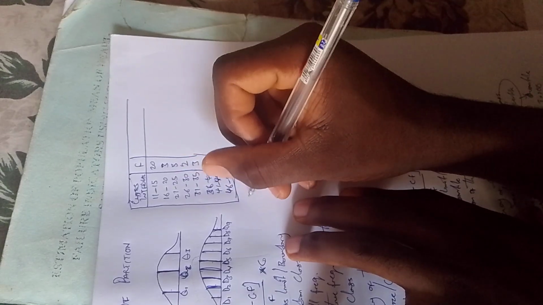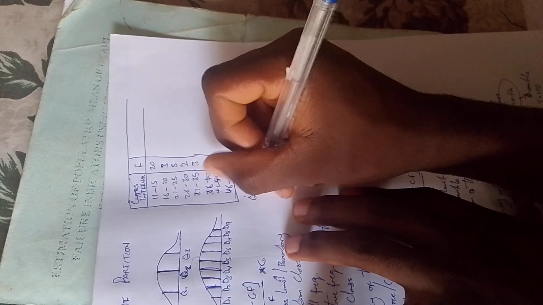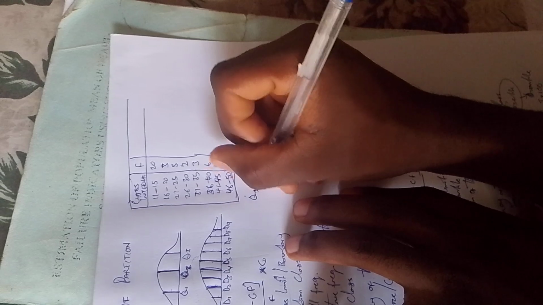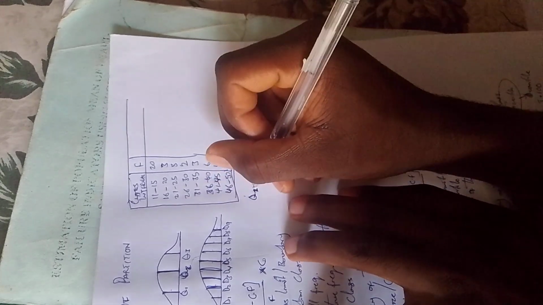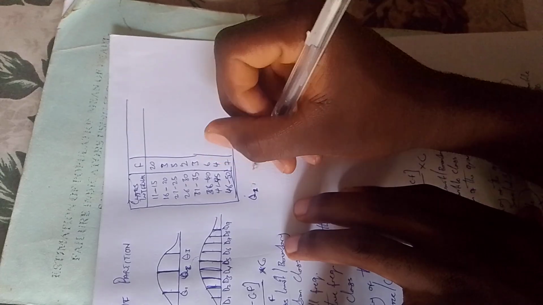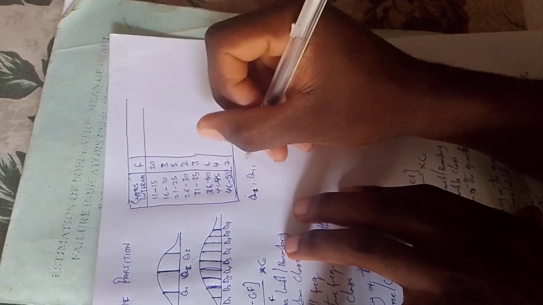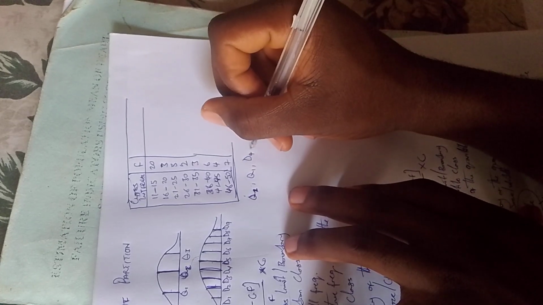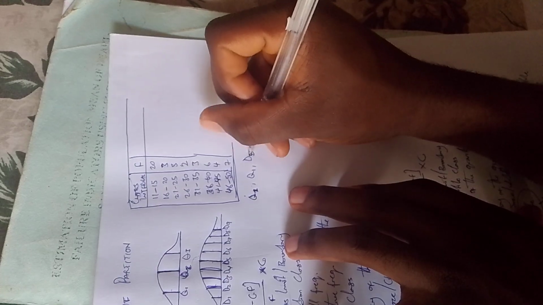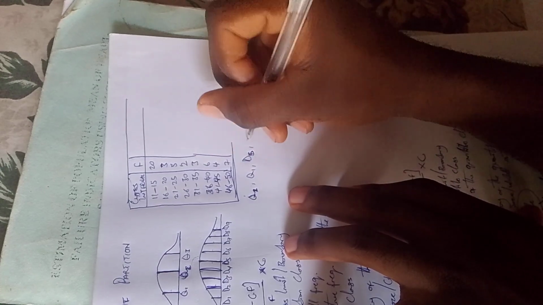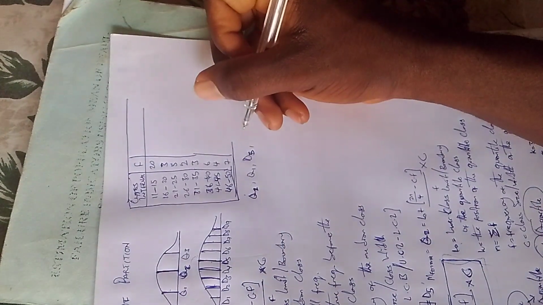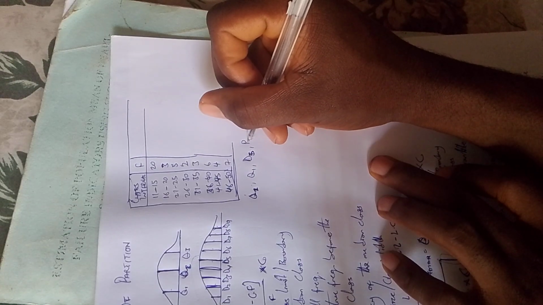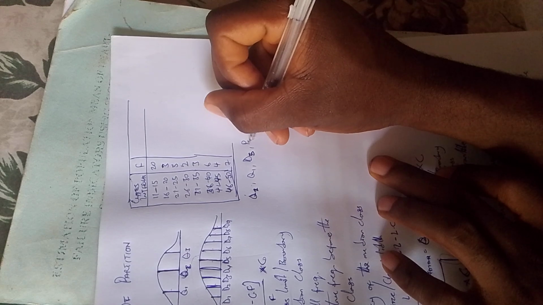They say, calculate your Q2, calculate your Q1, calculate your D5, and calculate your P50.